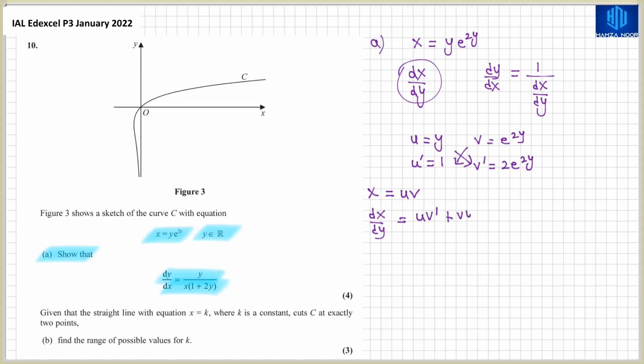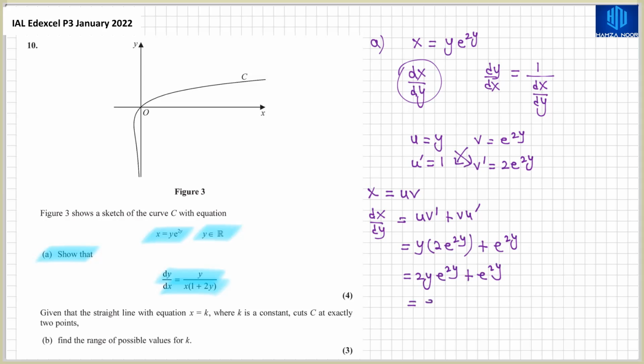Here u times v dash is y multiplied by 2 times e raised to the power 2y, plus vu dash, which is e raised to the power 2y. Therefore dx over dy is equal to 2y multiplied by e raised to the power 2y plus e raised to the power 2y.